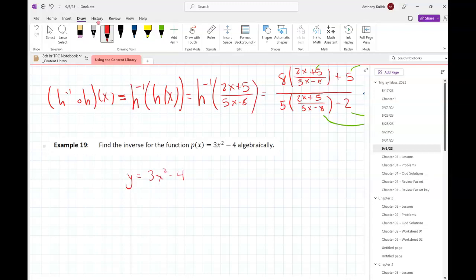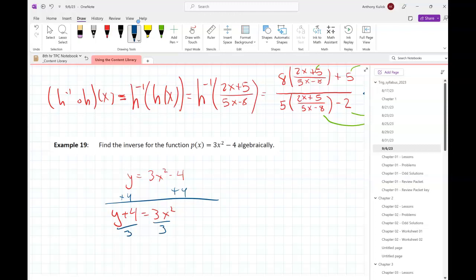And then we're going to get the x by itself. What's the first thing I'd want to do to get the x by itself here? Add 4 to both sides. Great. Next up would be divide by 3. Very good.